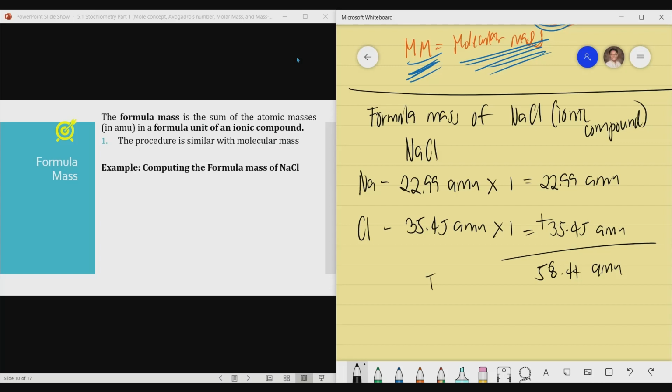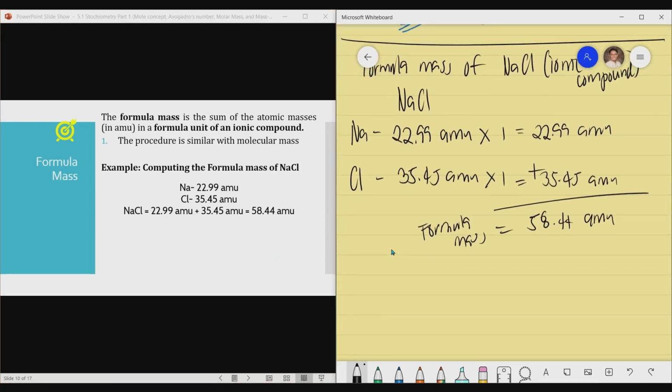Now, this is my final answer, the formula mass of NaCl. Looking at the solution, I have 22.99 AMU of sodium plus 35.45 AMU of chlorine. I have the final answer, 58.44 AMU for sodium chloride.